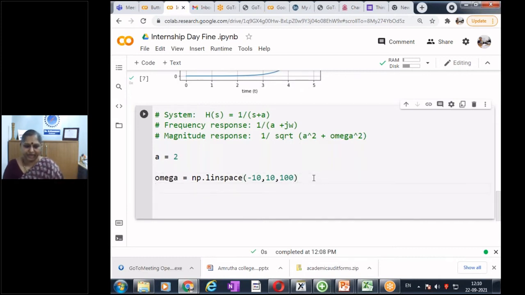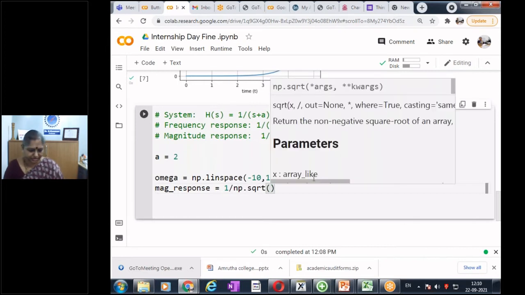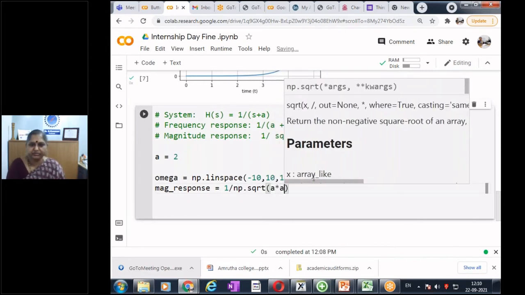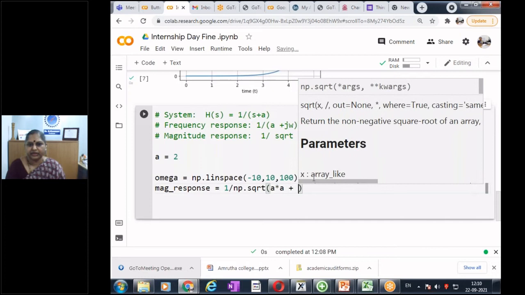And then what is my magnitude response? Magnitude response is given by 1 by square root of a square plus omega square. What is the command for square root? np dot sqrt of a square plus omega square. I can simply write a into a plus omega square.